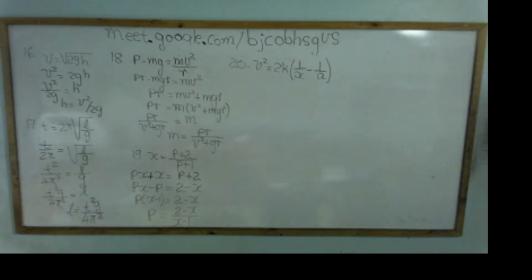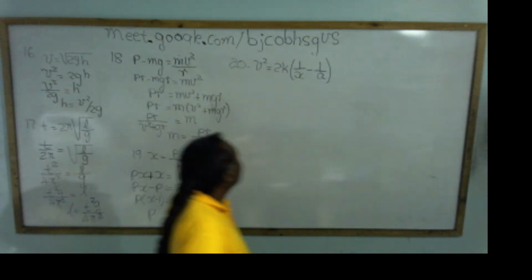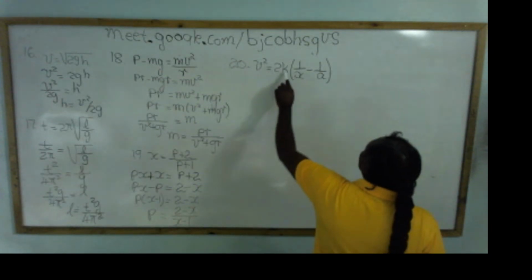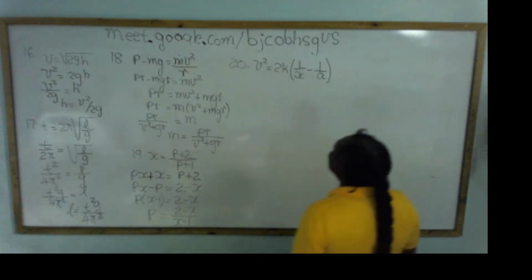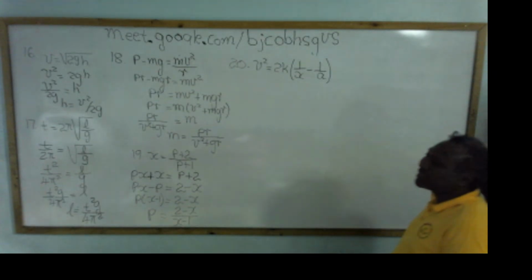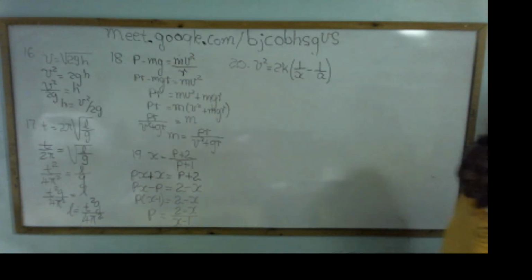Alright, so let's finish up. We will eliminate the 2k first. We are attempting to make x the subject of the formula. Our proposed subject is x.